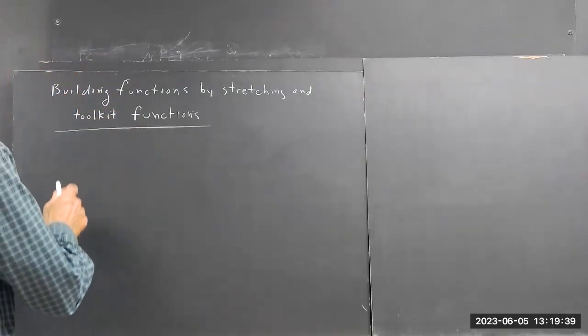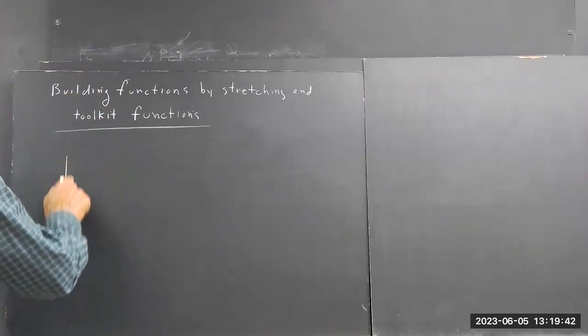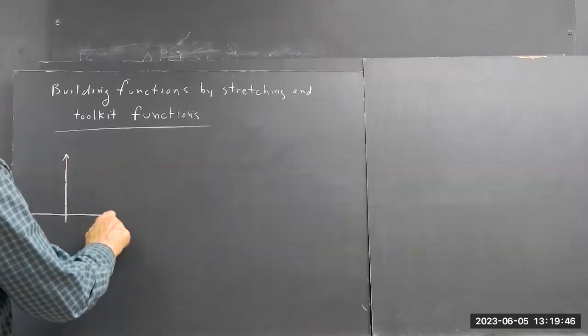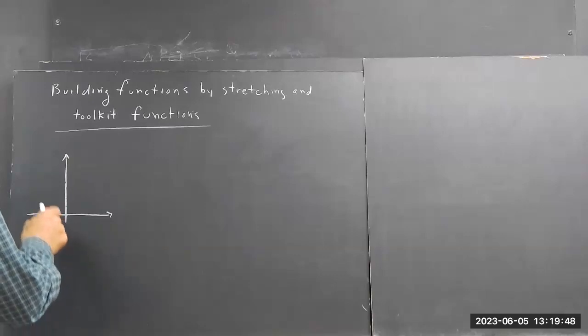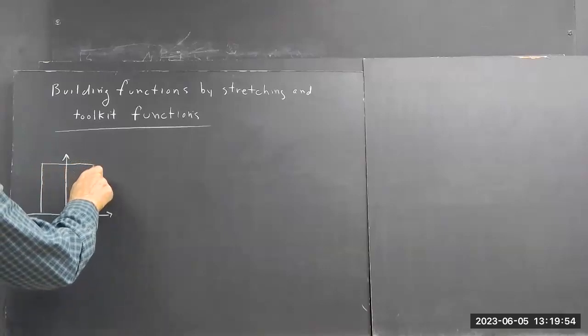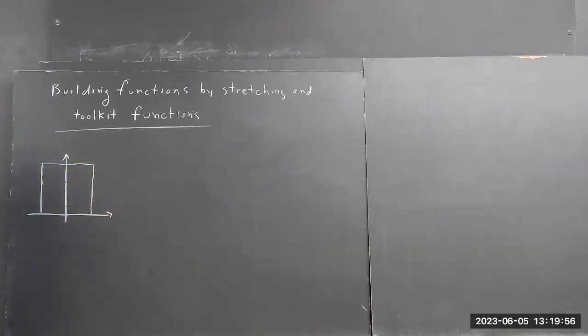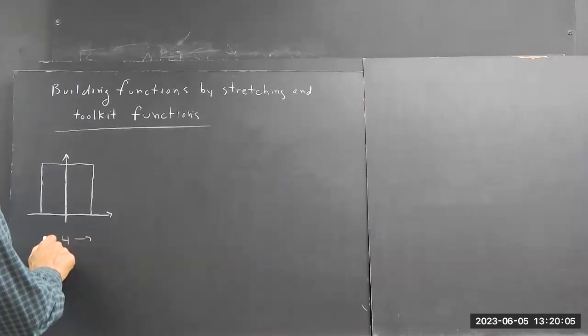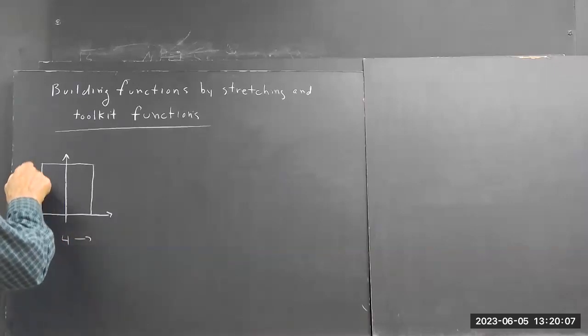as you know, many of the toolkit functions can be constructed inside a rectangular box, 4 units on a side.